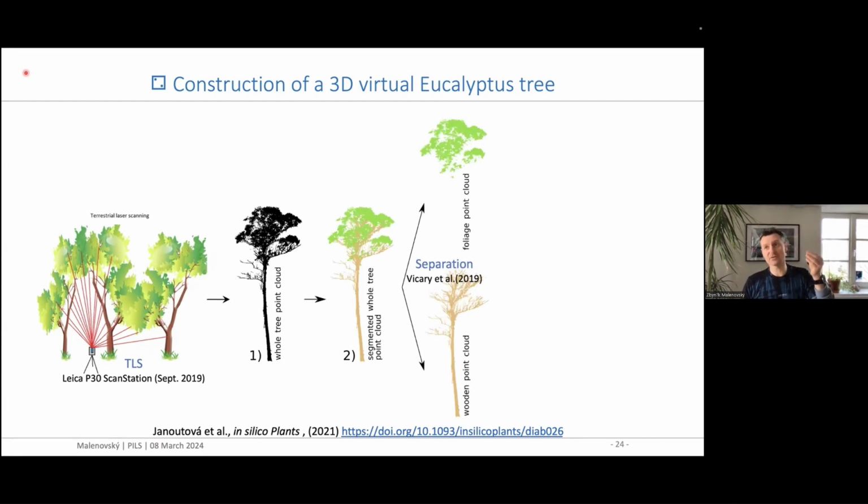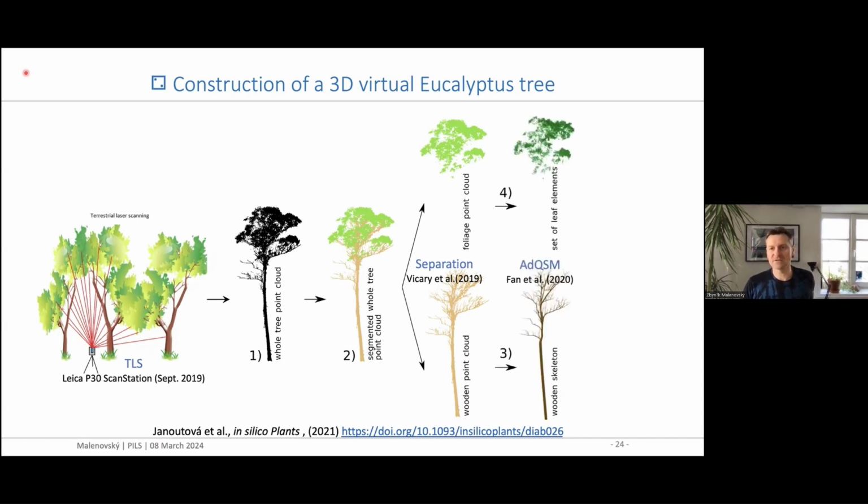The points are the echoes from the LiDAR. Then we used a specific AdQSM algorithm to reconstruct the wooden components, and we used the leaf point cloud as an attractor for distributing leaves.